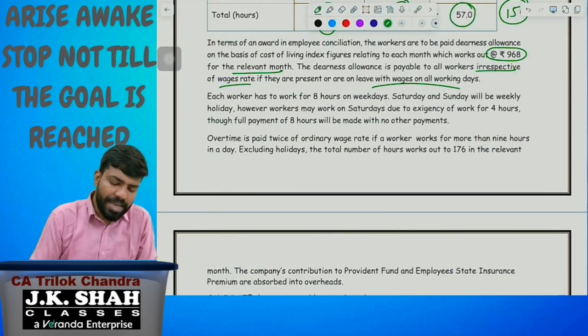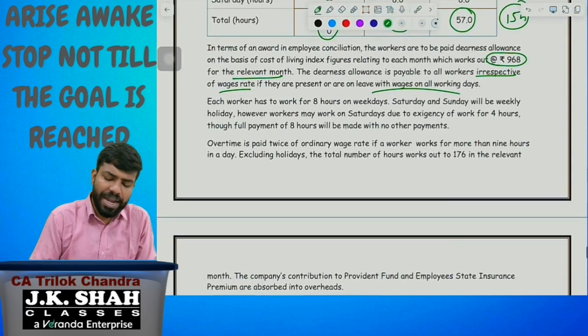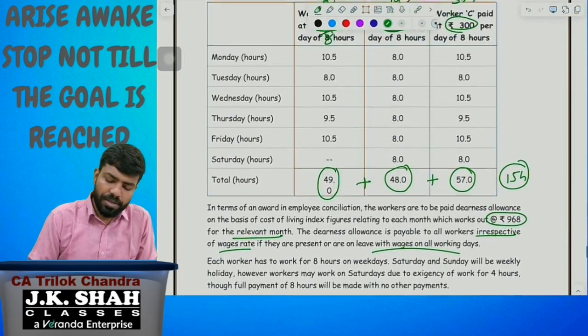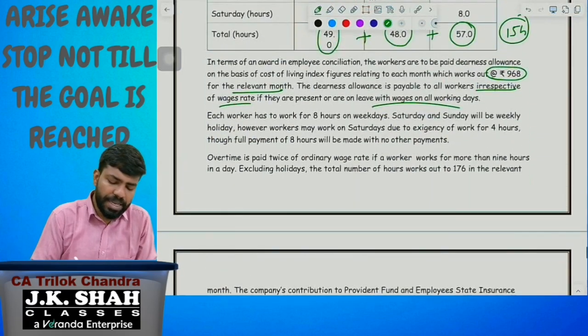Okay, now each worker has to work for 8 hours on weekdays. This is the labor policy. Each worker has to work for 8 hours in a weekday. Saturdays and Sundays will be weekly holiday.